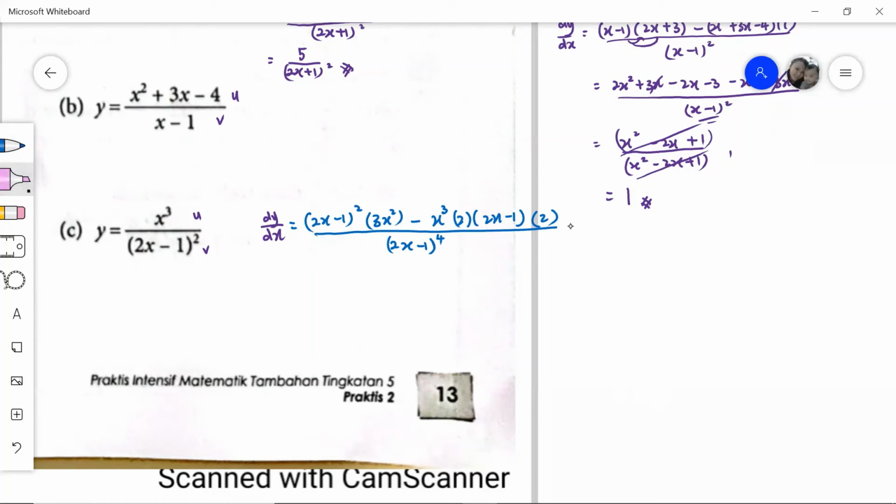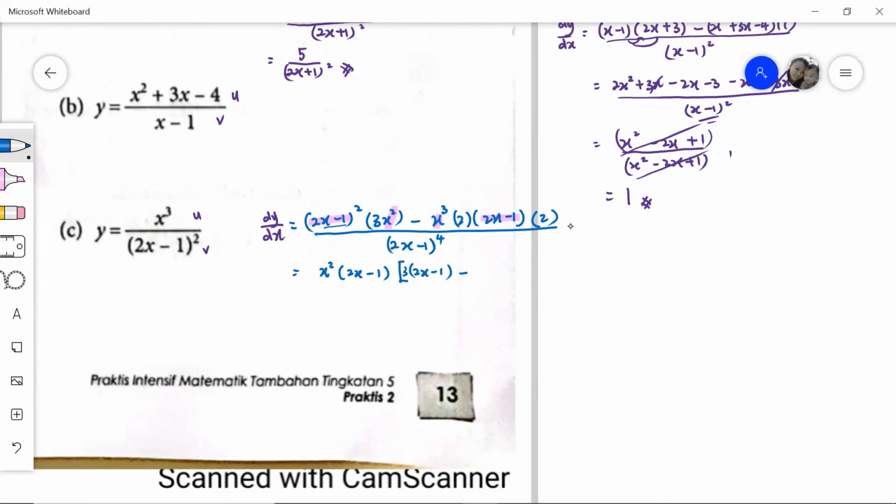Next, you notice that the highest common factor of 2x minus 1 is (2x minus 1) to the power 1. Anything else that we can factorize? Let's factorize the x squared. We take out the x squared and 2x minus 1. The first term, we have taken out one of this, so left with 2x minus 1, and we have taken out the x squared, so we're left with 3.